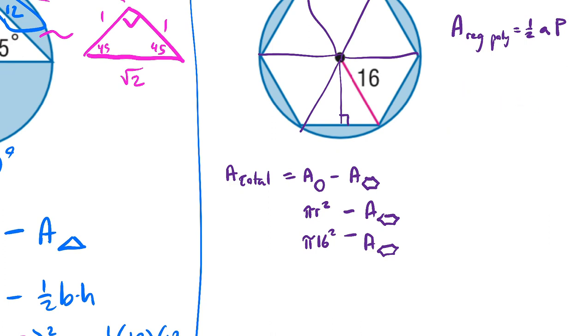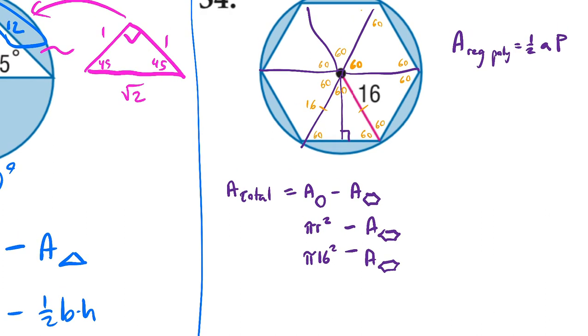All right, I'll switch colors for this. Let's go to orange. Okay, well, we know there's 360 degrees in a circle, so we divide it by 6, and we get each of these is 60 degrees. And so if each of these is 60 degrees, and this is an isosceles triangle with 16, that means each of these is 60. And so in case you didn't remember, all of these are made of equilateral triangles.